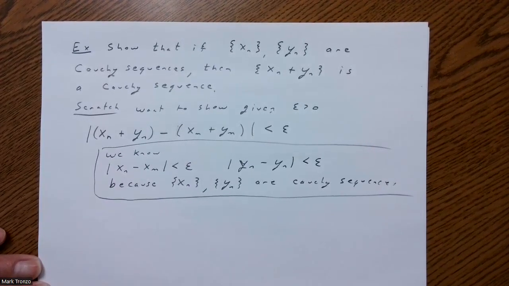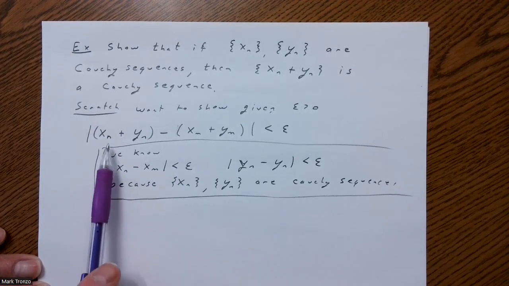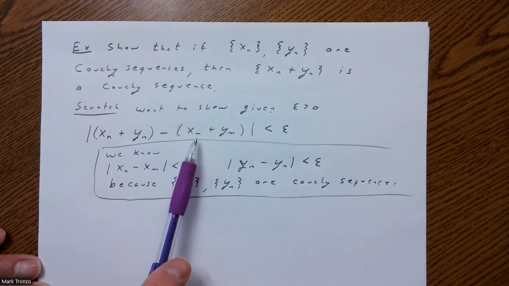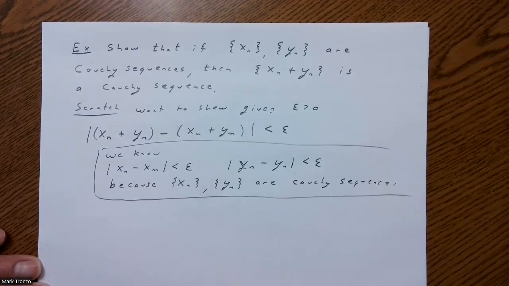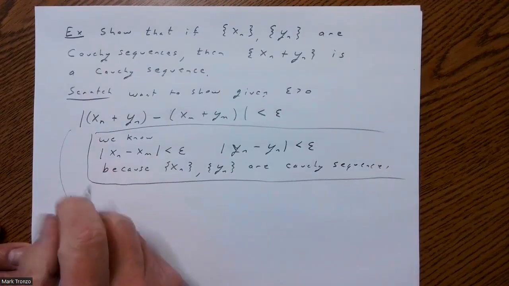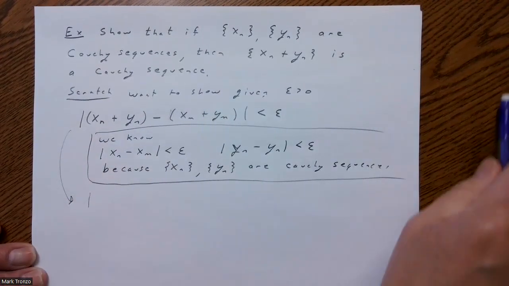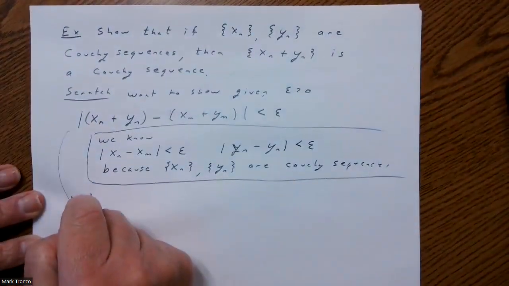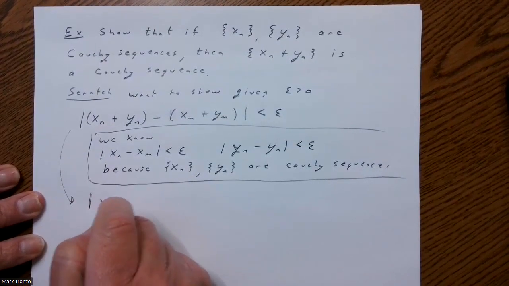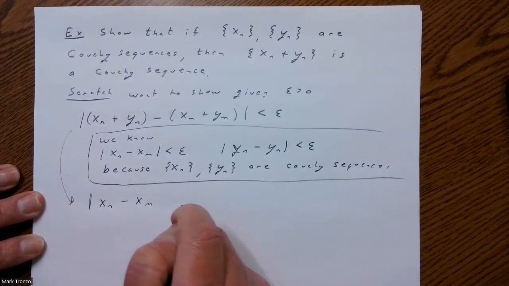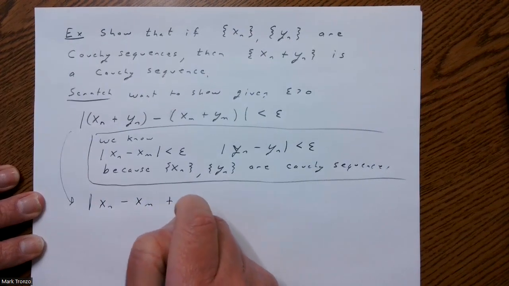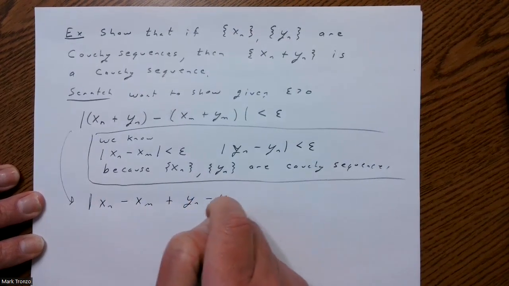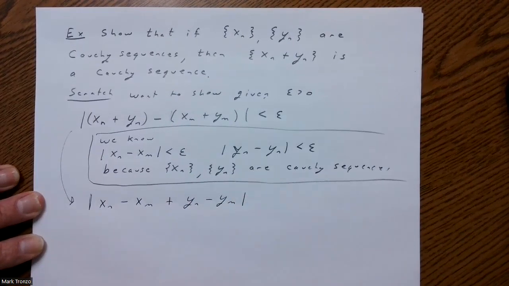So what we could do is rearrange these a little bit. I'm going to rearrange this just a bit to try to match what we know: put the xn minus xm together, and put the yn minus ym together, like that.